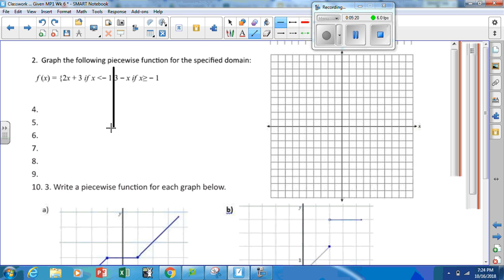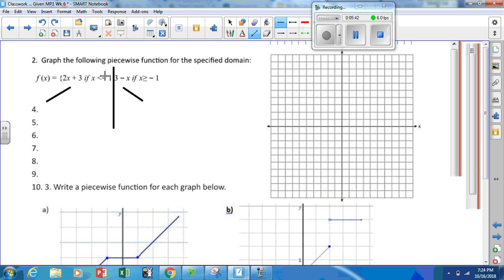Okay. All right. So the function is 2x plus 3, and the other function is negative x. All right, so let's look at 2x is a positive slope, whereas negative x is a negative slope. All right, that's important.